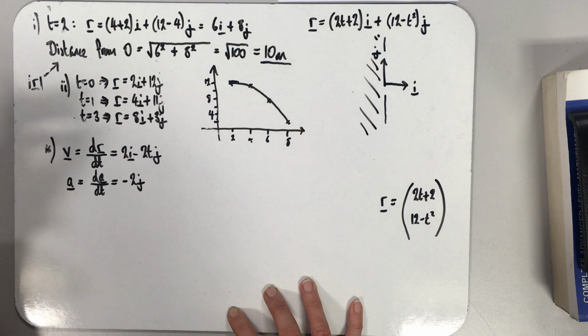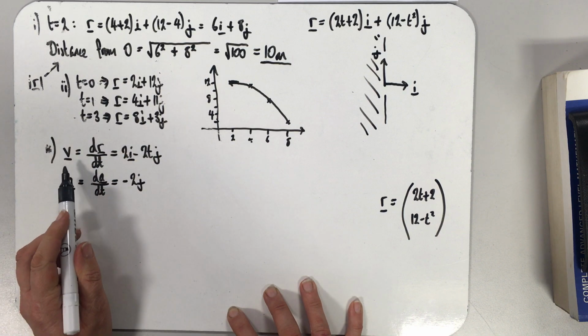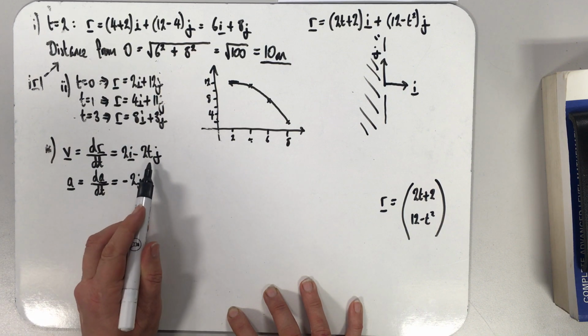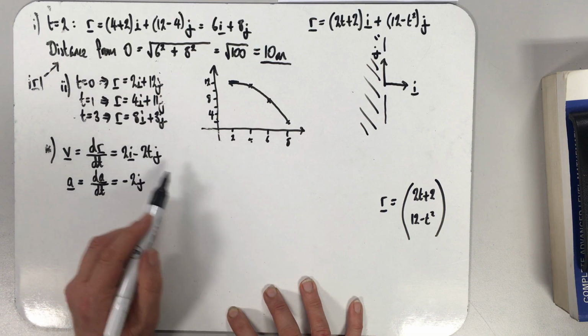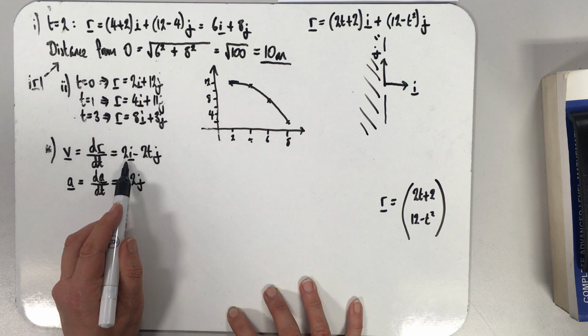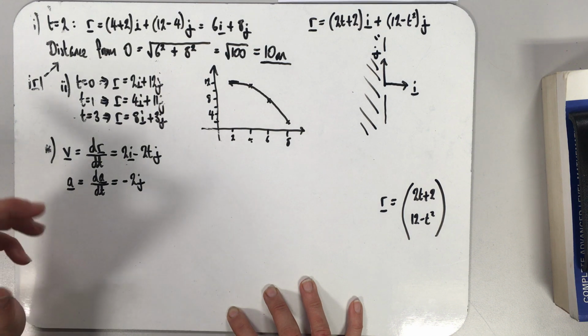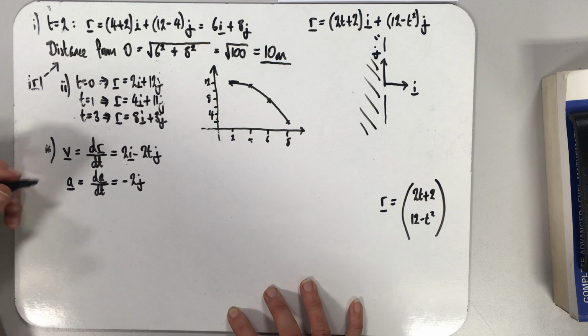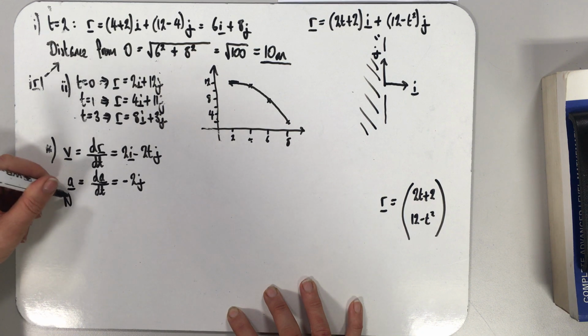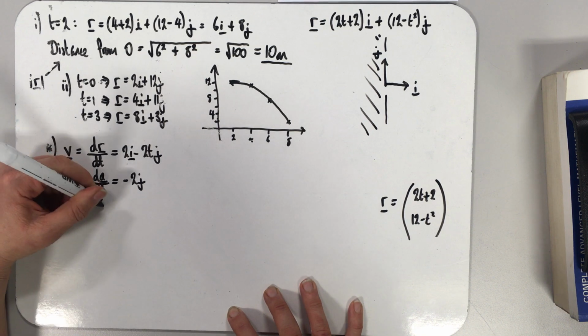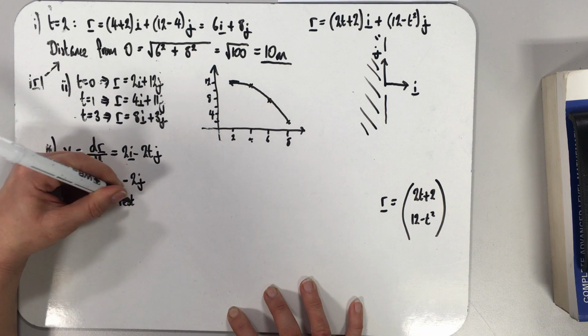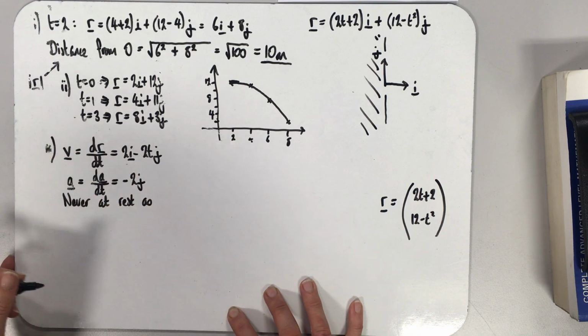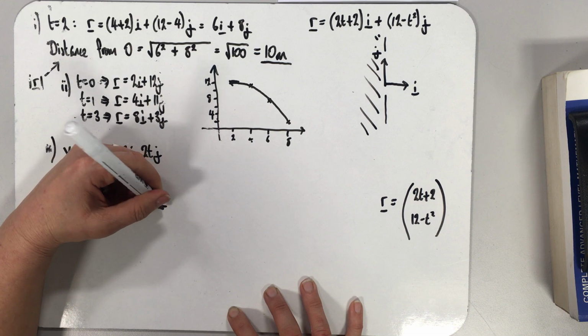The other bit of part 3 just asks whether the boat is ever at rest. If it was at rest, the velocity would equal 0. The velocity can't equal 0 because whatever time you put into the velocity, you're always going to get a velocity of 2 in the positive x direction, and so it can never be 0. So never at rest, as v cannot be 0.